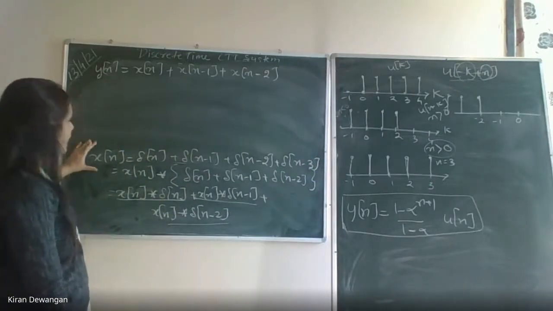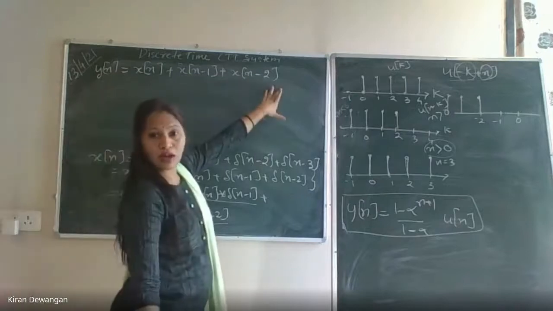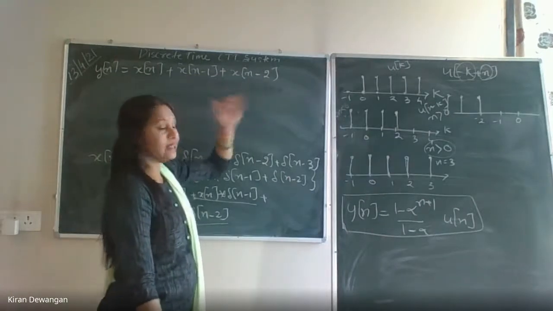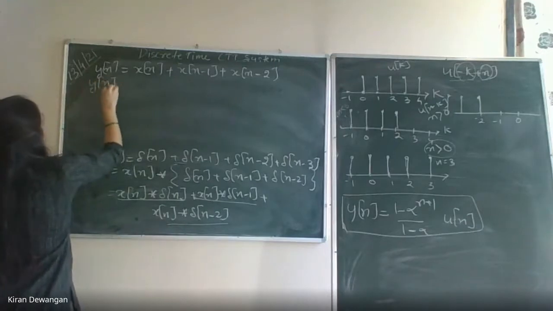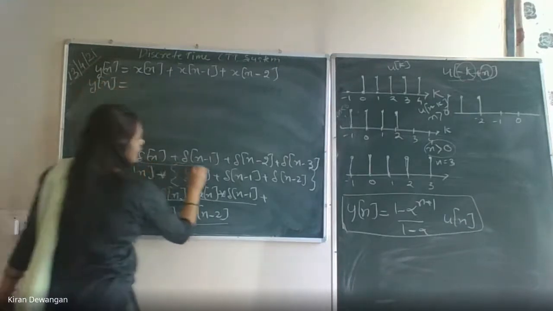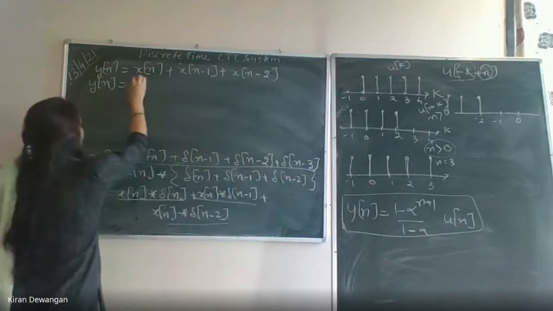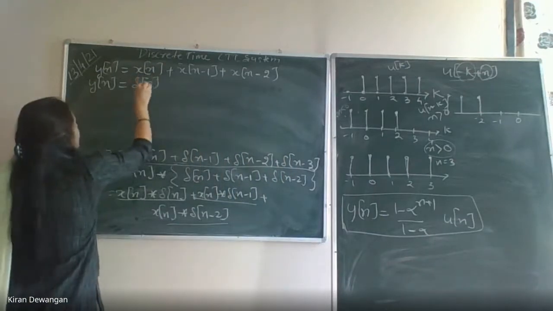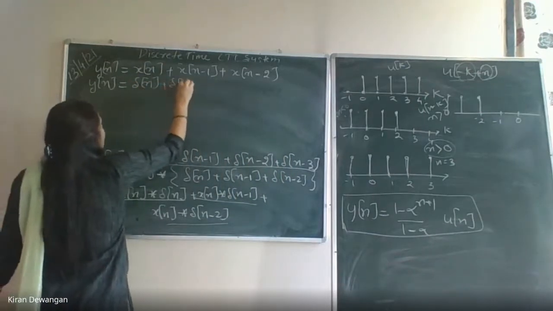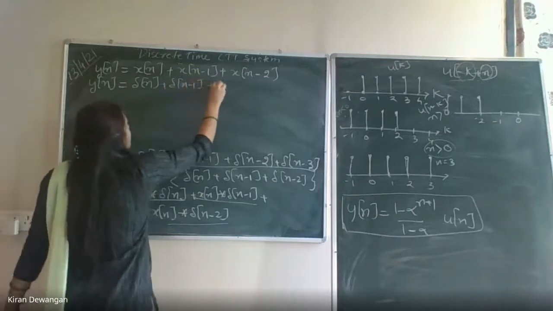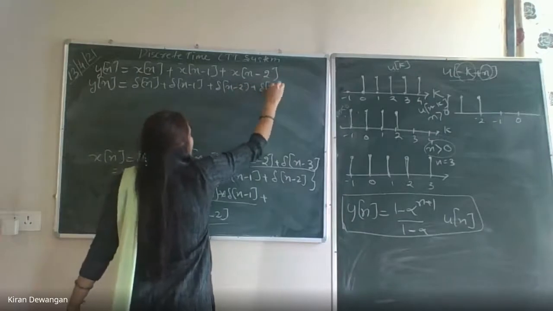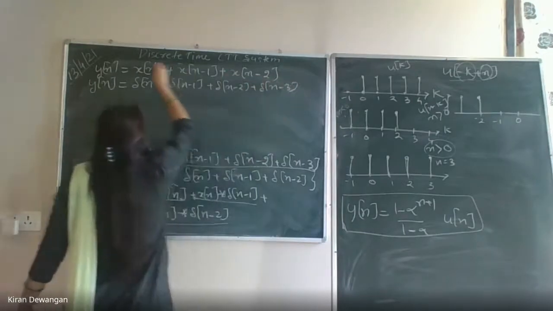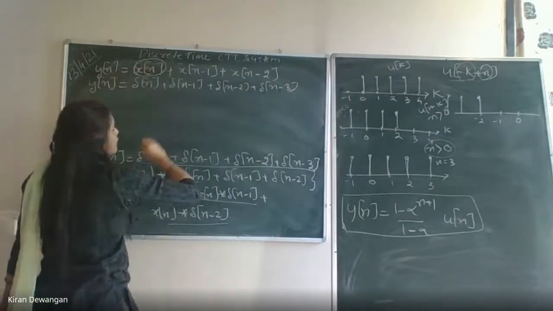Now we'll apply this in this formula. हम इस formula में इसको completely apply करेंगे. What it is going to be? Y of n equals to. Now this is my complete x of n. So I'll write it as it is. Del of n plus del of n minus 1 plus del of n minus 2 plus del of n minus 3. This is only for x of n.